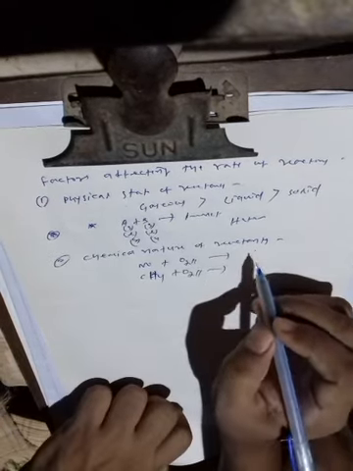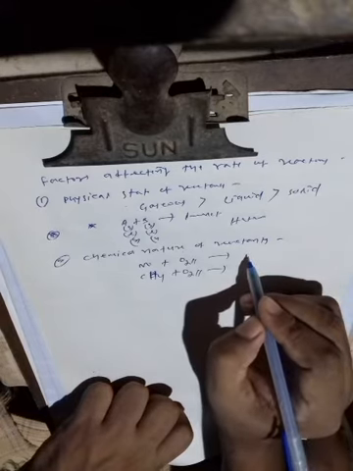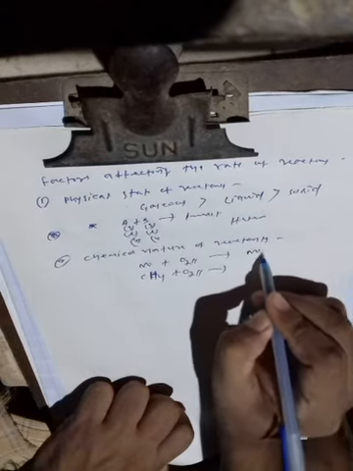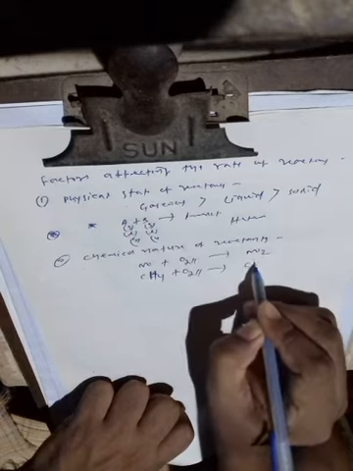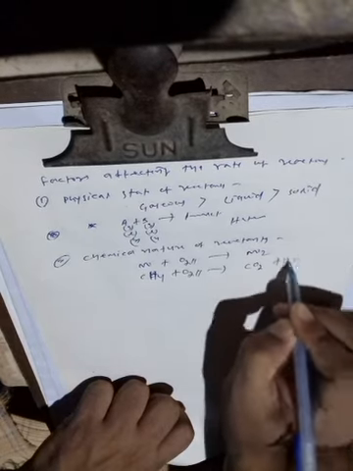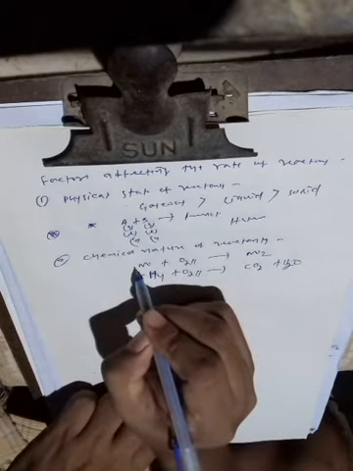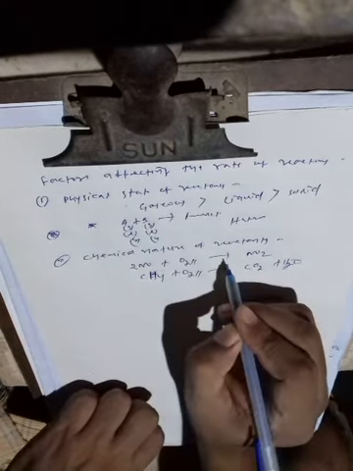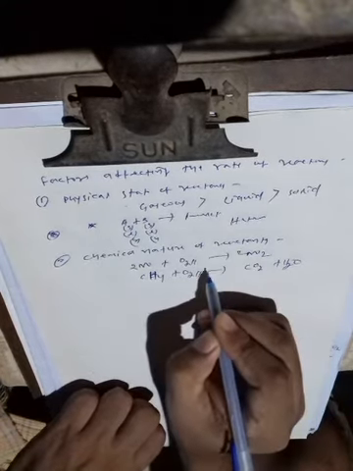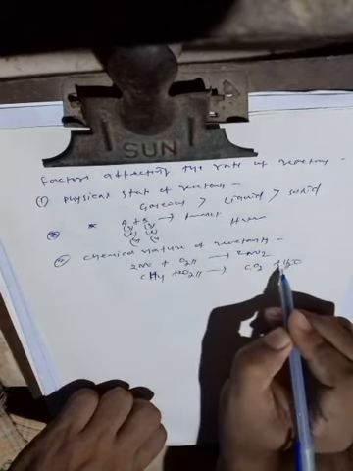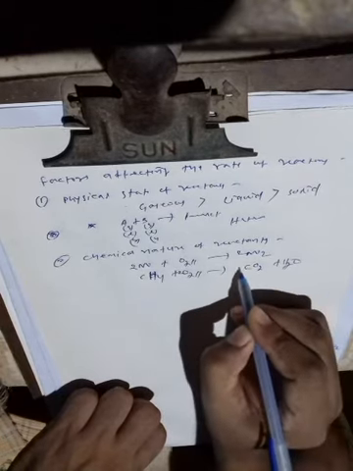I am also writing the products. Here we will get NO2, and here we will get carbon dioxide and water. We can balance it: 2NO plus O2 gives 2NO2, and CH4 plus 2O2 gives CO2 plus 2H2O.